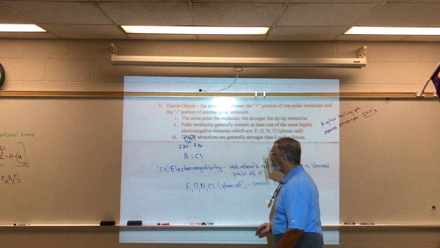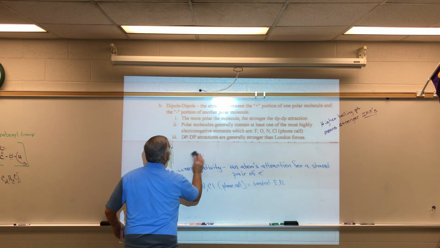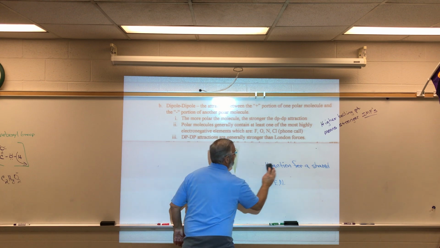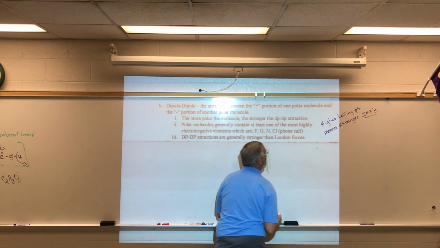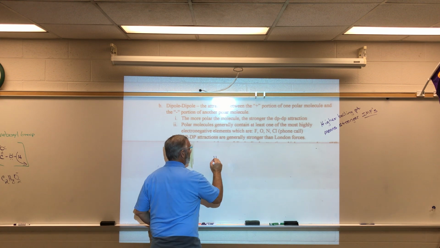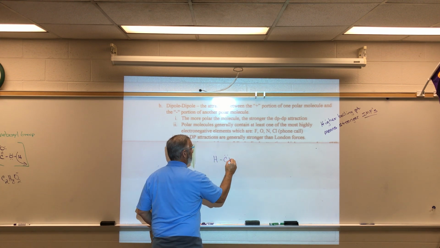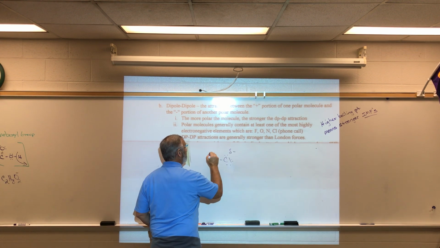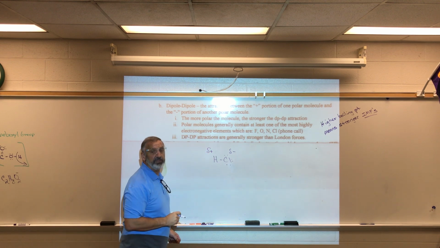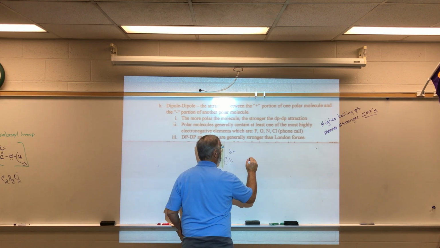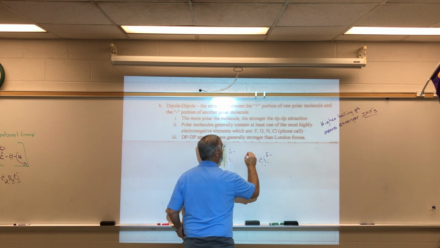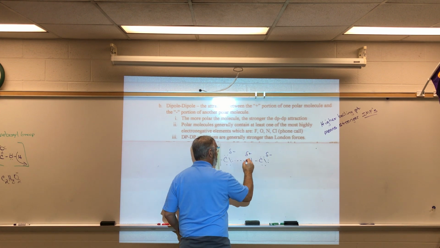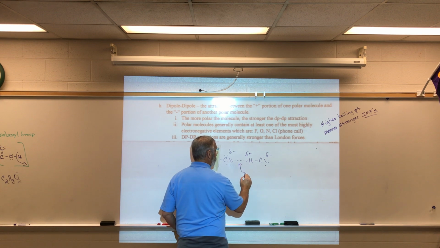Okay? All right, so let me just give you an example of a dipole-dipole. We'll use HCl again. That's how I started with this. Okay, this is negative, this is positive. We put another HCl with its negative and its positive. This attraction right here is your dipole-dipole attraction.